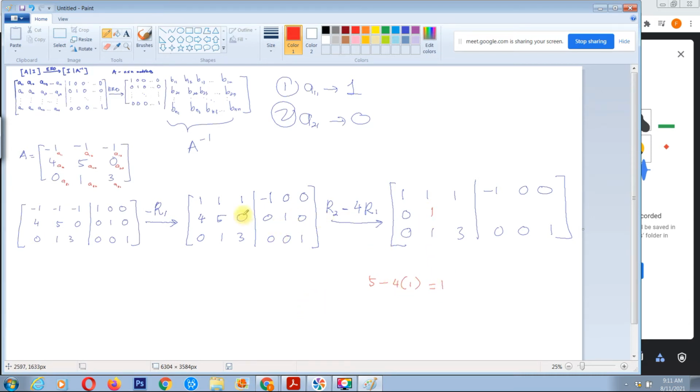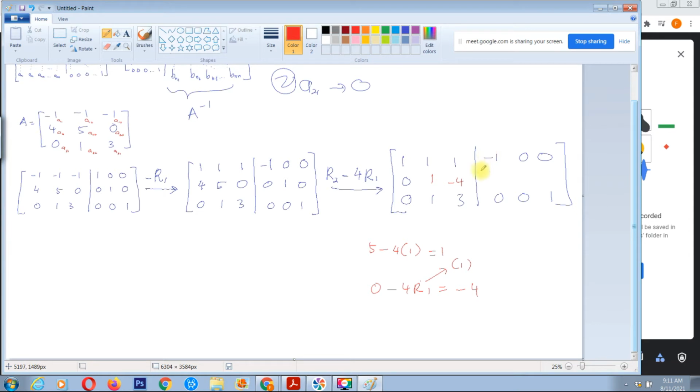Next, R2 is 0, minus 4 R1. R1 is 1, so it will be -4. Then 0 for R2, minus 4, and R1 is -1, so we will get 4.